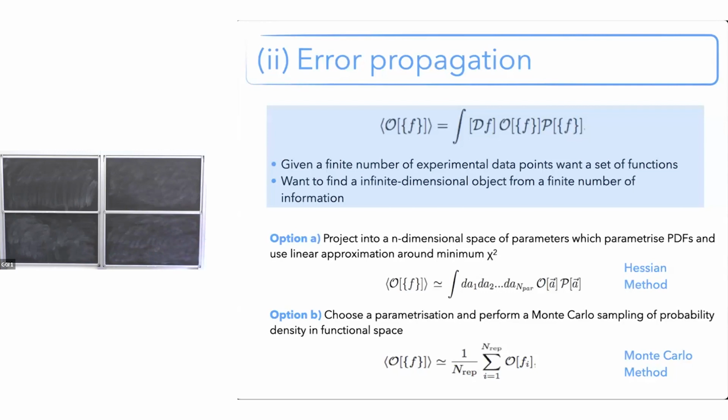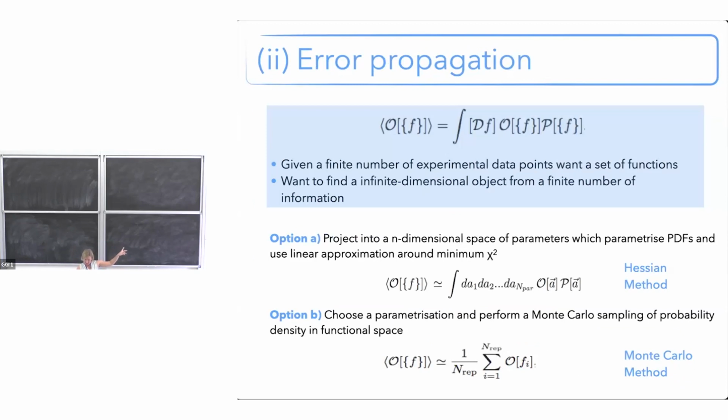So the idea is that you have some basis of your functional space, which is a finite basis, and then it's like a bootstrap method, what is called the bootstrap method in statistics. And then to find the average value of an observable in a functional space, you just average over the members of your Monte Carlo sampling of the function. Now I'm going to tell you how you do things in both cases.